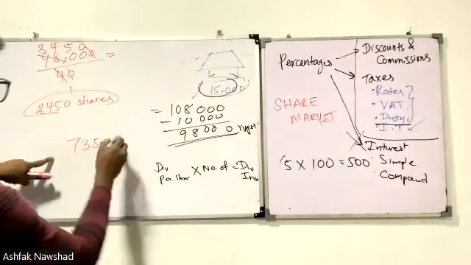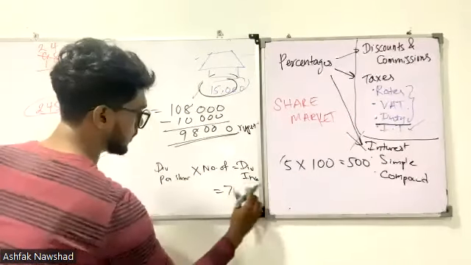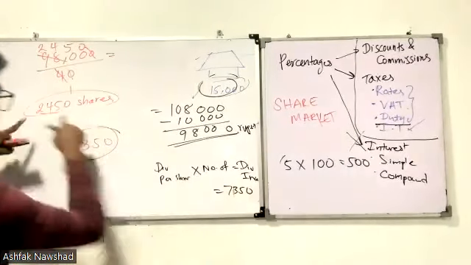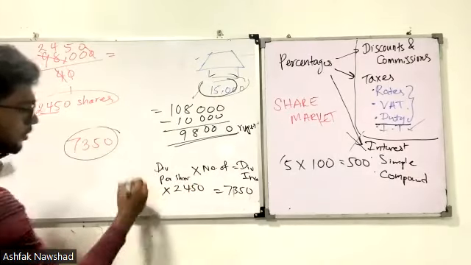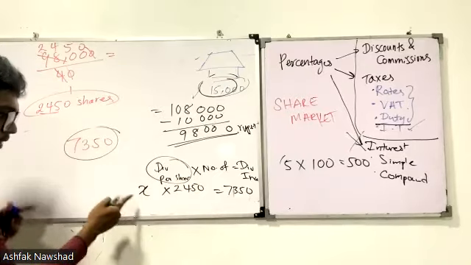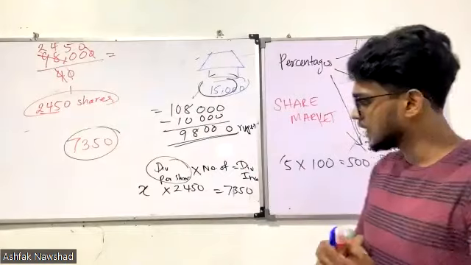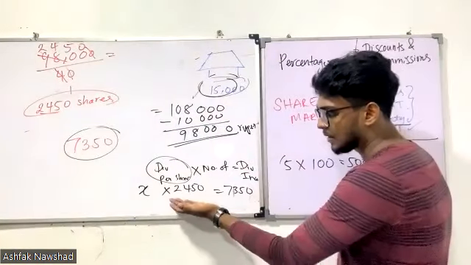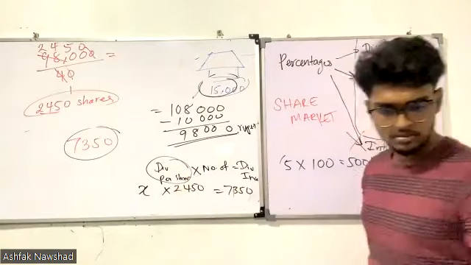In this question, we know the dividend income, 7,350, and we also know the number of shares, 2,450. We don't know the dividend per share. That's what they ask us to find. So what should we do? We just have to divide both sides by this value, taking this value to the other side.